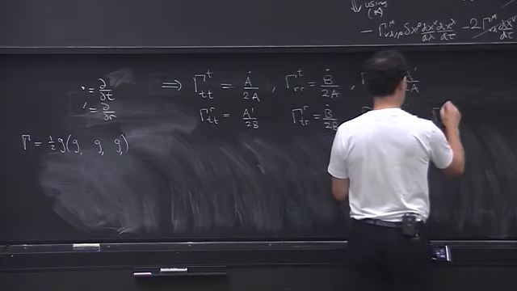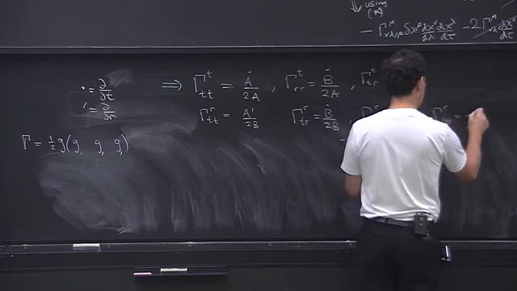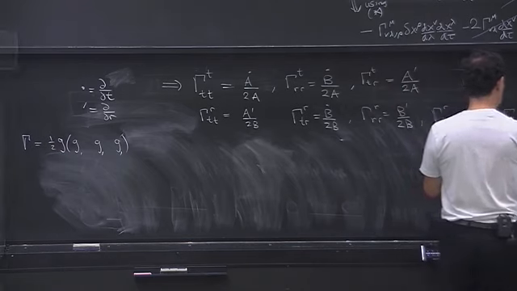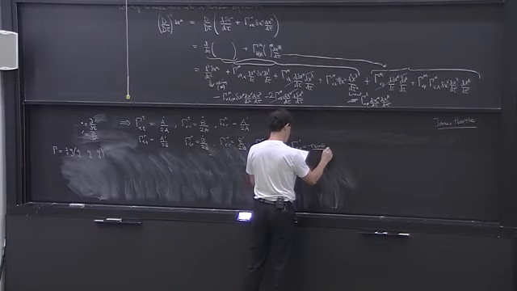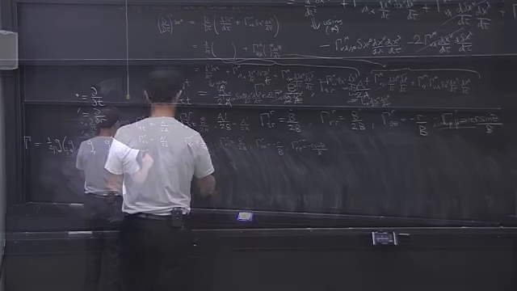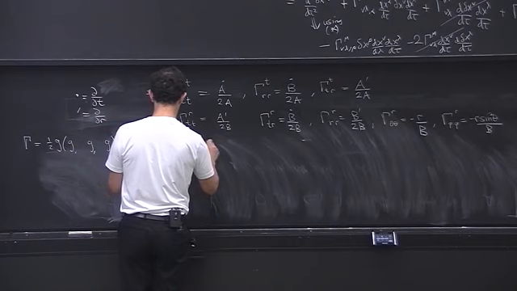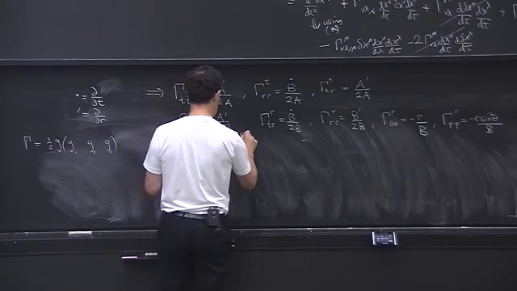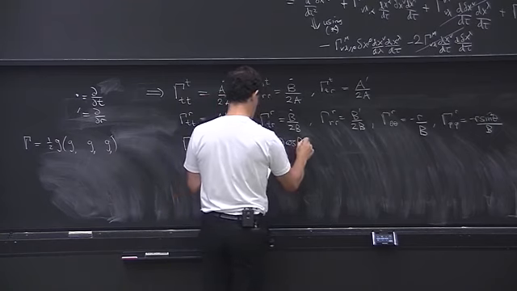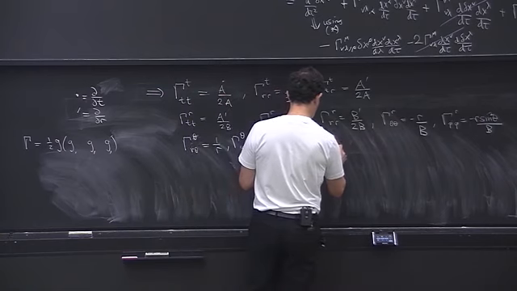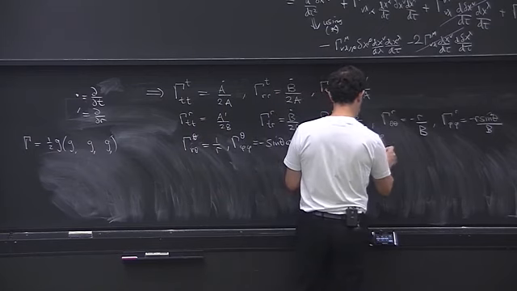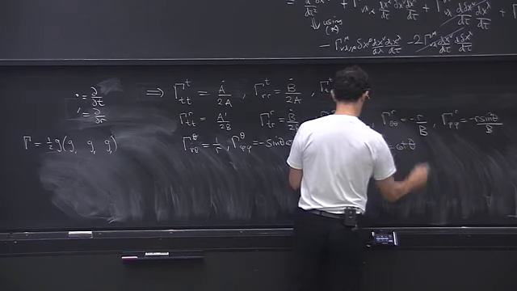So gamma r theta theta is minus r over B, gamma r phi phi equals minus r sine squared theta over B, gamma theta r theta is 1 over r, gamma theta phi phi equals minus sine theta cos theta, gamma phi r phi equals 1 over r, gamma phi theta phi equals cot theta.